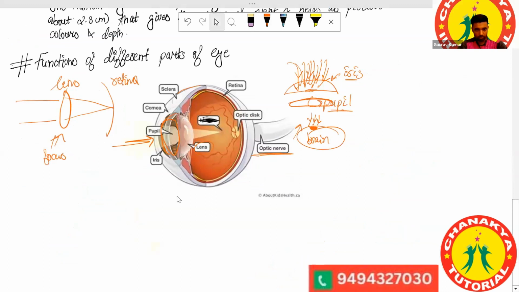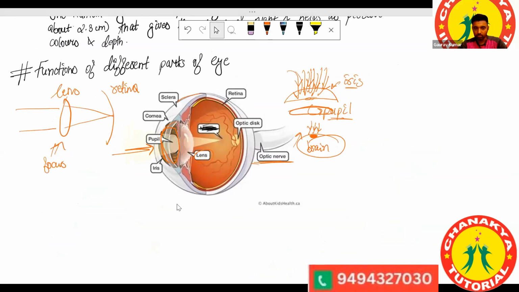Okay, so I think the time is less, so I will give you written notes regarding the functions of the different organs in the human eye. So you note this down and revise this. And wait, let me explain it fast so that you get a little bit about it.